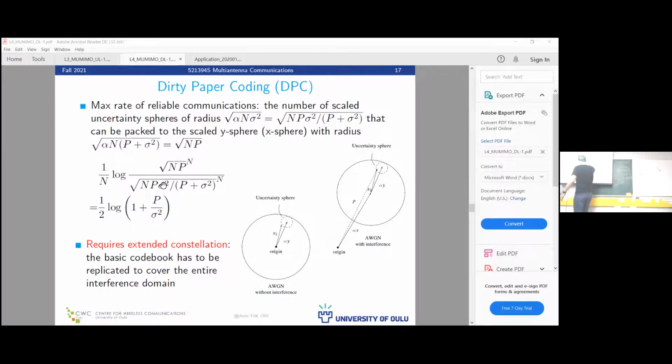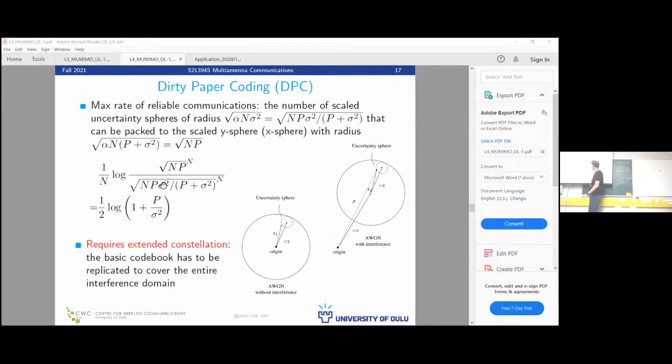Also illustrated here. In the case without interference, if this is the X sphere, the noise sphere can be outside the X sphere, right? And when we use the nearest symbol decoding, there's no problem, right? We are not interfering with anything else.